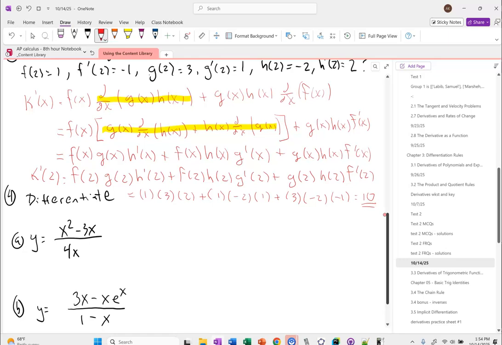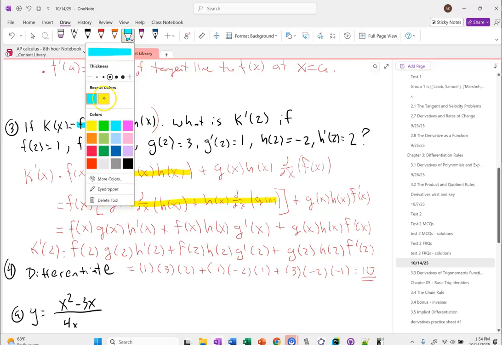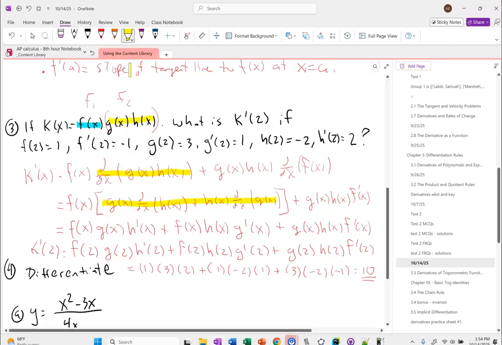I'm trying to confuse you at the beginning of it. It's like f of x times the derivative of, isn't it g of x times h of x? Yes. Okay. Then I just do that for all 3. So I thought about this as 2 functions, right? I have function 1 and then function 2.